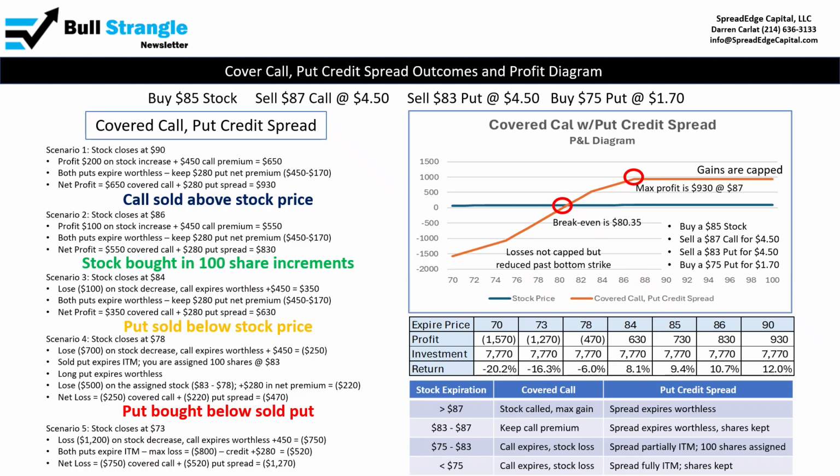But in this scenario, because of the put credit spread, we just have the 100 shares remaining. Now at that $70 level, we do have some savings comparing the two different strategies. Whereas in the first scenario, we were down $1,900, but here we are just down $1,570. So you can see how you start to get a level of protection with the bought put.